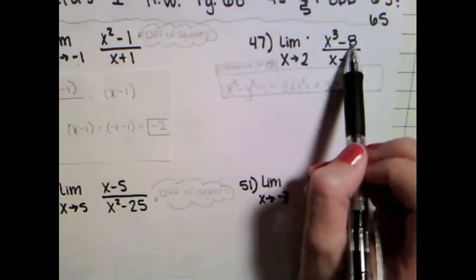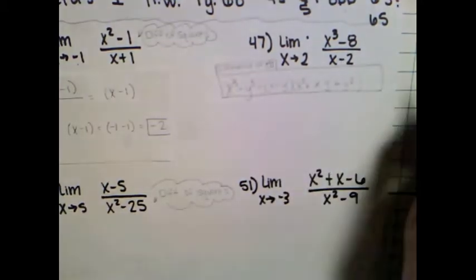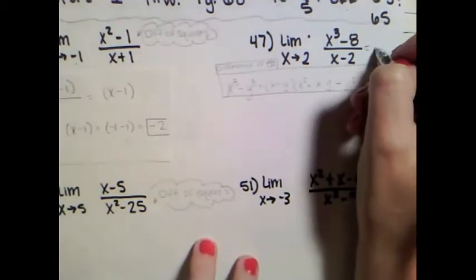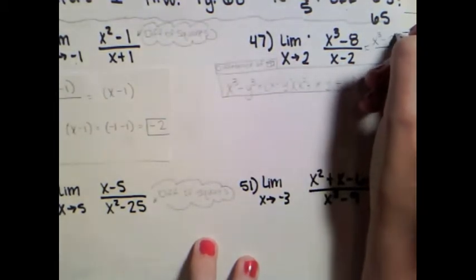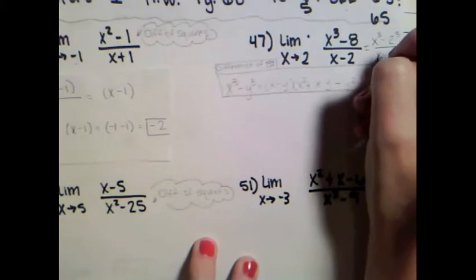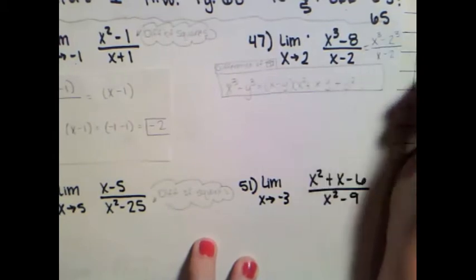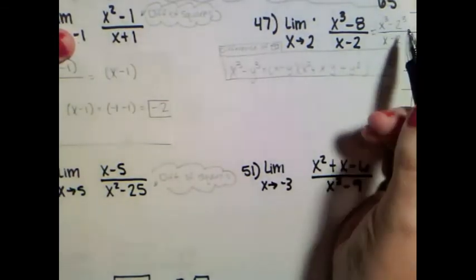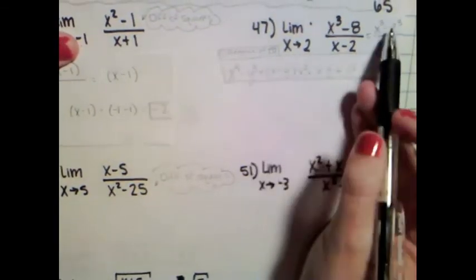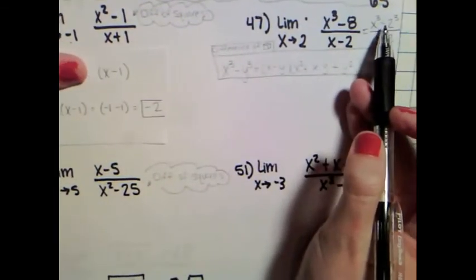To get 8, we cubed the number 2. So we can write this as x cubed minus 2 cubed over x minus 2. Now we can use this form to factor out our numerator.